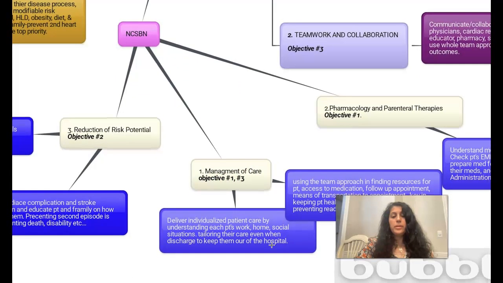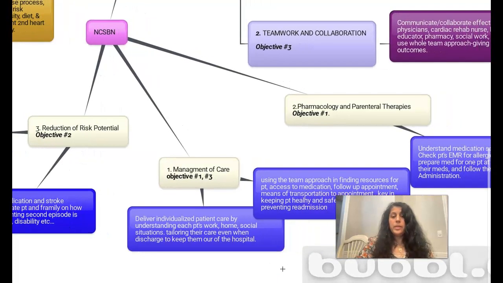It says the baccalaureate student will be able to deliver individualized patient care by understanding each patient's work, home, and social situation, tailoring their care even when discharged to keep them at home and healthy and out of the hospital.